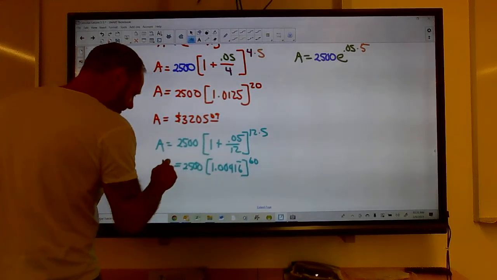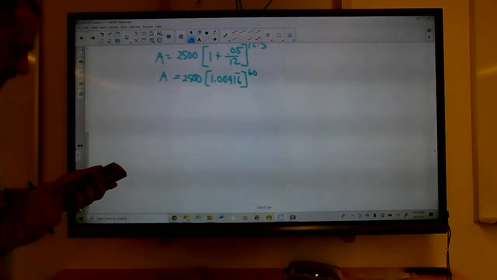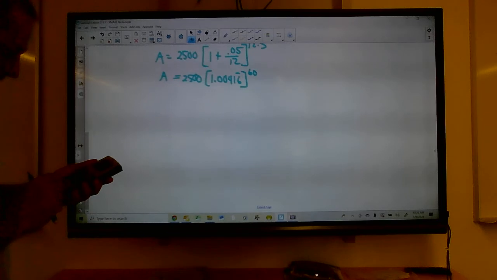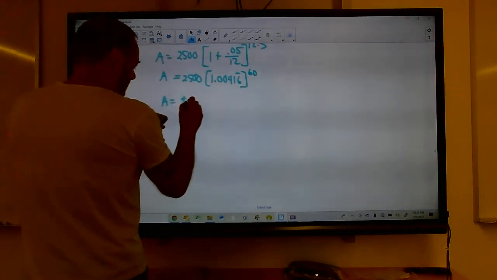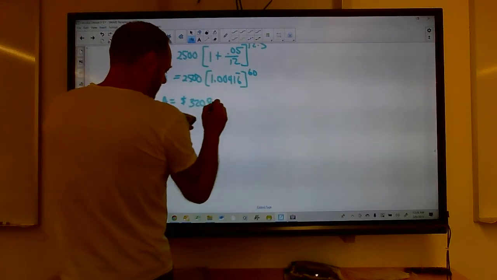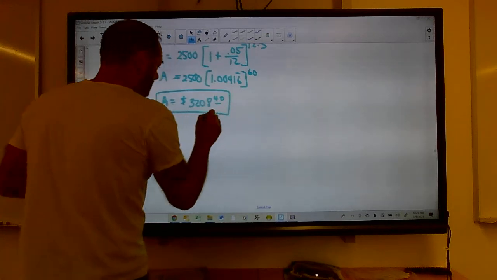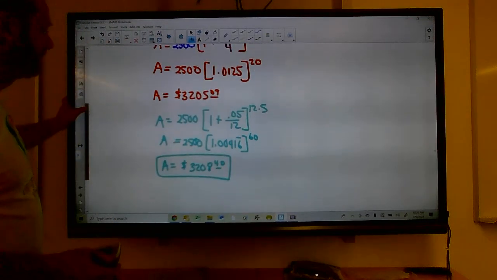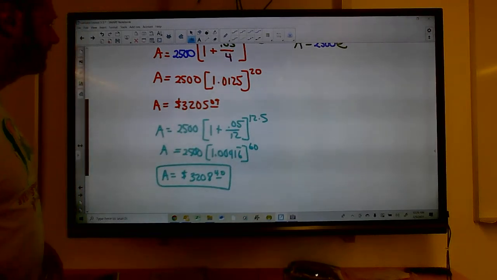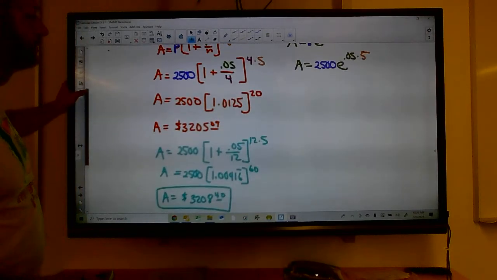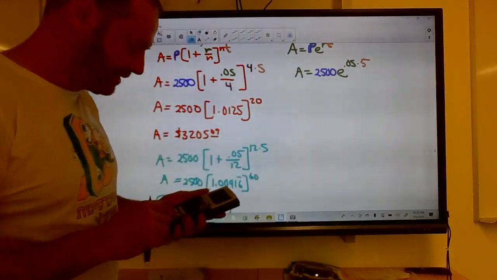So 0.05 divided by 12 plus 1 is going to be 1.00416 repeating to the 60th power times 2,500. So that comes out to be $3,208.40. So that's compounded monthly. So you can see I got a little bit extra interest by compounding it monthly rather than quarterly. Now over here, this would be as if I was compounding it instantaneously.